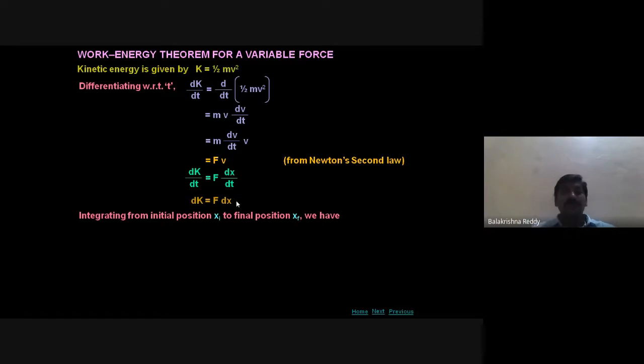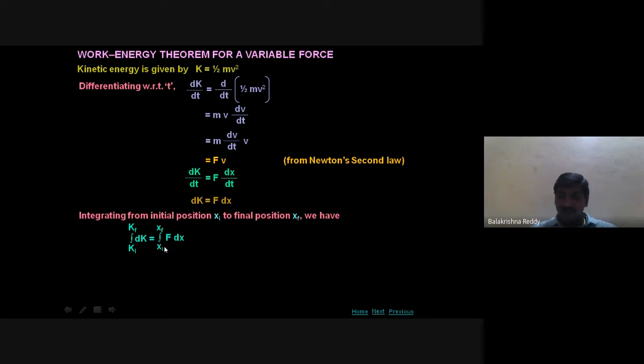So now you see I am using integration. For the variable force, there is a variable displacement, from the initial position xi to the final position xf of the object. I am applying the integration with limits; we say it is a definite integral. So Ki to Kf, initial kinetic energy to final kinetic energy, and likewise the definite integral of F into dx from initial position to final position.